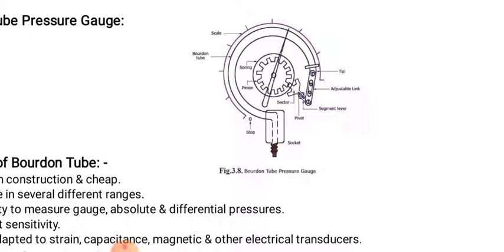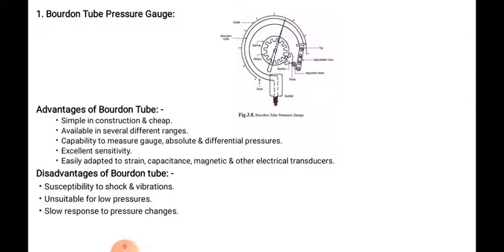Once the high pressure air has passed into the tube, it will start deflecting, and that small deflection is converted into a large deflection by the adjustable link and a pivot and sector, so that it shows a deflection on the calibrated scale. We have already gone through this working.